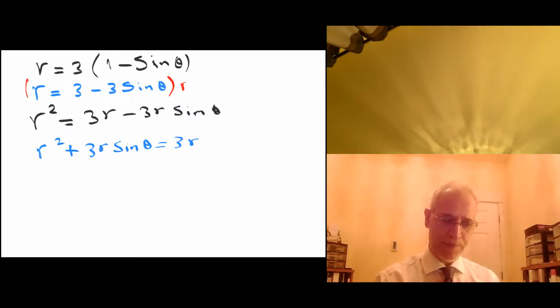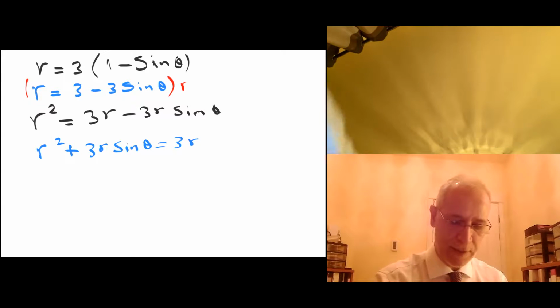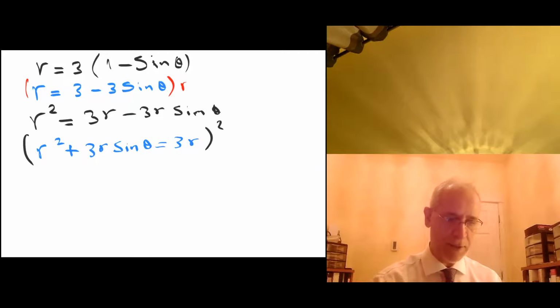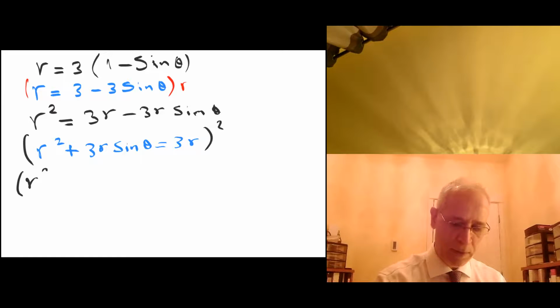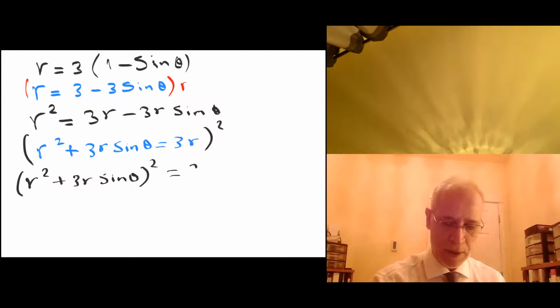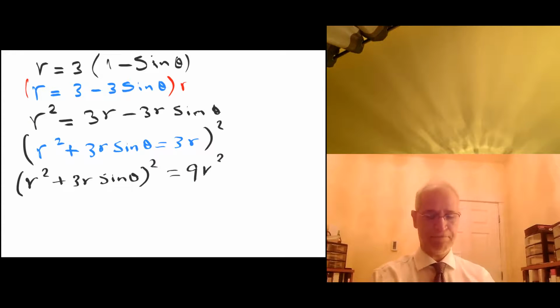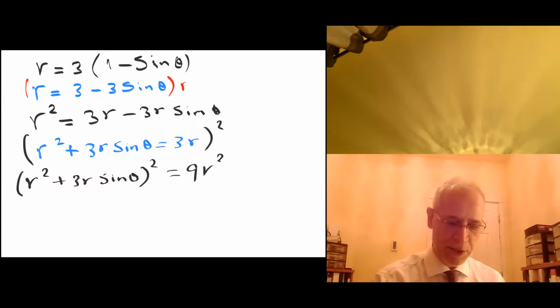Let's square both sides of this equation. That will give me r squared plus 3r sine of theta, quantity squared, equals 9r squared.